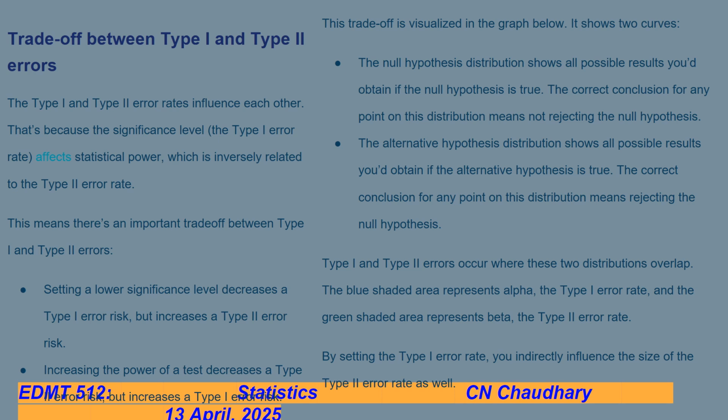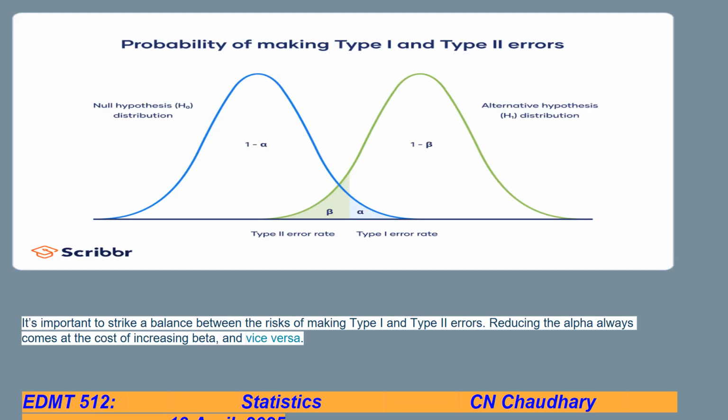Type 1 and type 2 errors occur where these two distributions overlap. The blue shaded area represents alpha, the type 1 error rate, and the green shaded region represents beta, the type 2 error rate. By setting the type 1 error rate, we indirectly influence the size of the type 2 error rate as well, which you are seeing in this graph.